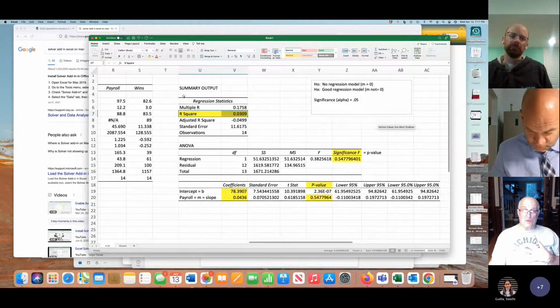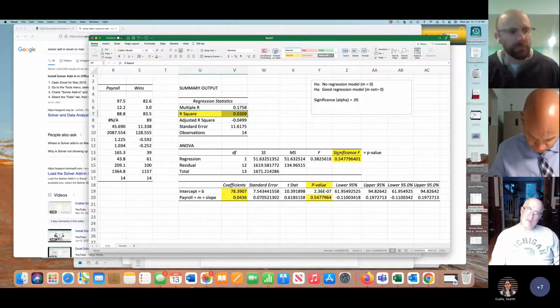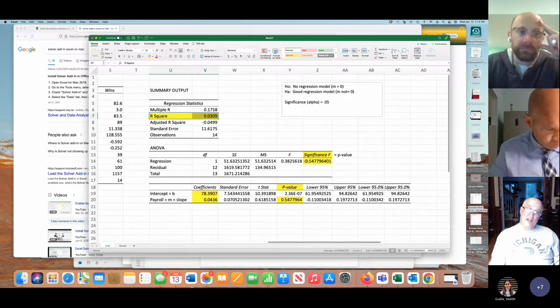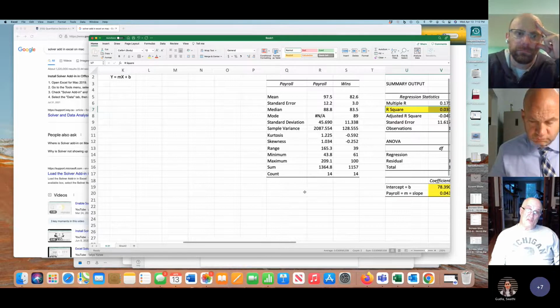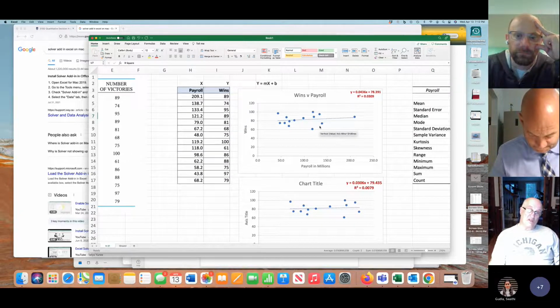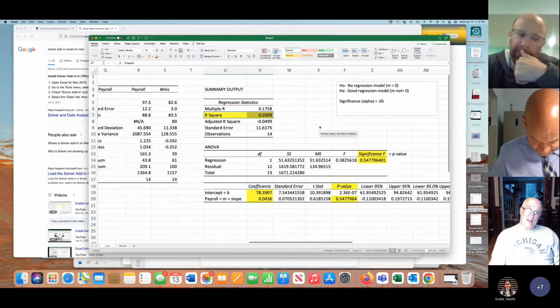So the payroll only contributes 3% to the salary. And then I have a hypothesis test that tells me my slope is 0, which means I can conclude it's a pure scatter. So all of a sudden I would conclude that I cannot use payroll to predict the number of wins. Okay, I've got all that.